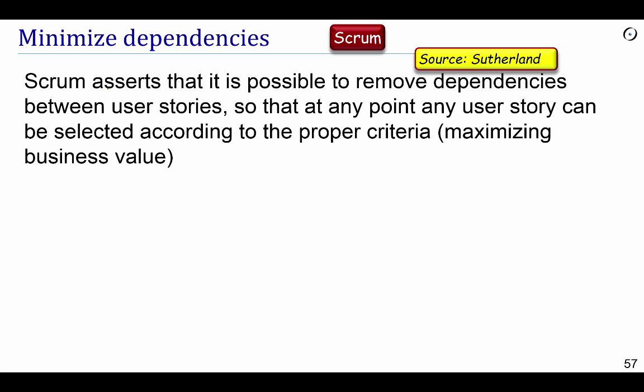So this is, if you think about it, an essential assumption behind the use of user stories as the source of requirements, and this idea that every morning the first person available in the team is going to pick the next user story. And this is really, to be quite open about it, more like a fairy tale.